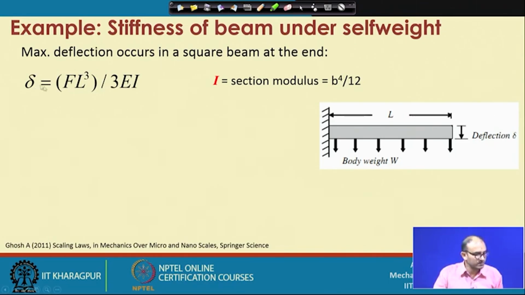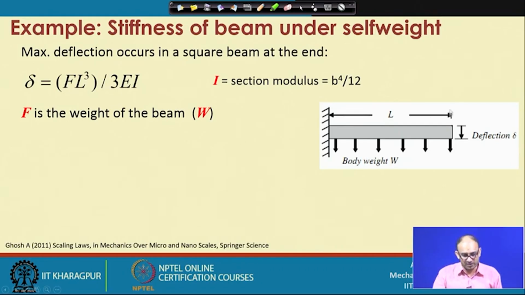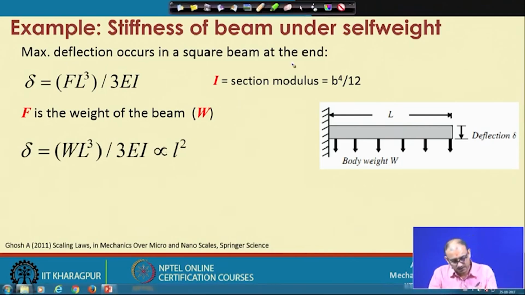Again the same equation, deflection is given by F L cube by E I. Now, F will be replaced by the weight of the beam, because we have removed the external loading, but we consider the beam weight itself behaves as a weight. The beam weight is given by W, and as in the earlier case, this beam is a square beam with both dimensions B, and that is written here also. So, this is the W.